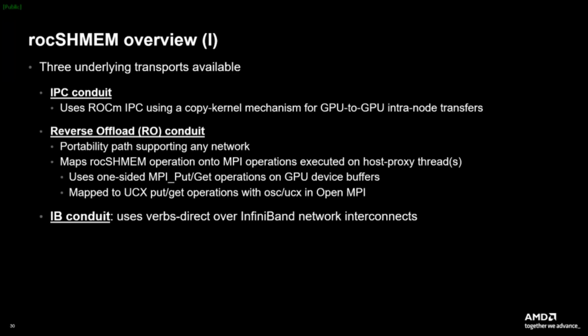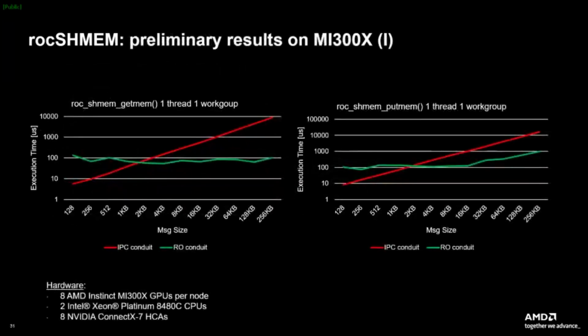There's also a mechanism to perform verbs direct based GPU initiated communication. This will be focusing on InfiniBand. Initial releases of the production version will not have that feature available, but it's expected to be available at one point in the near future. But I just thought it could be interesting to compare the IPC conduit versus the UCX-based put-get operations.